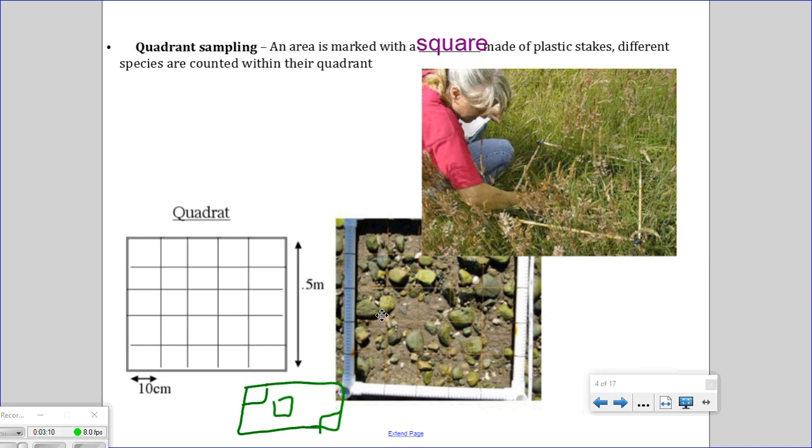And then this can allow for sampling of a large area. So for example, if this green area here is the ecosystem, the quadrats would be placed at random positions in that ecosystem and the species within it counted.